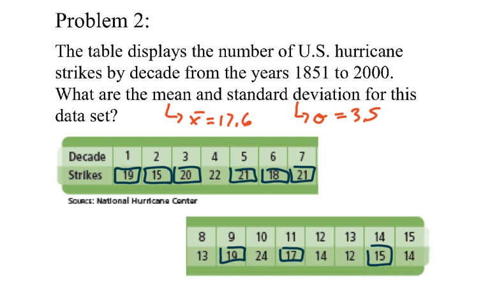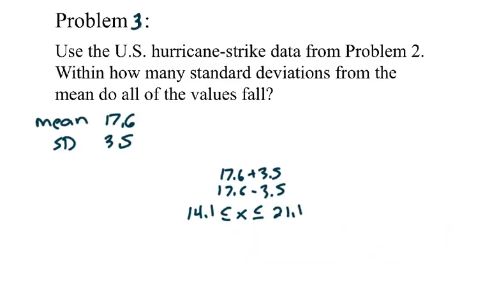So it looks like, if I count these up, I have 9 pieces of data fit within 1 standard deviation. So 9 data points are within 1 standard deviation from the mean.